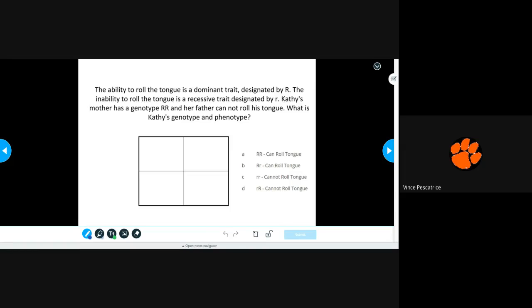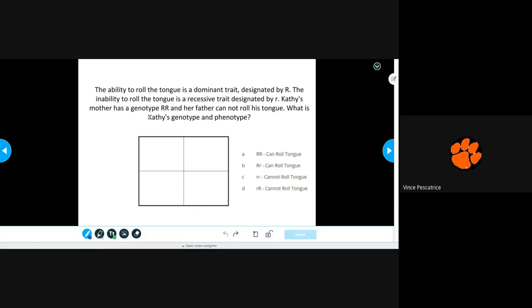So Kathy's mother has the genotype RR, and her father cannot roll his tongue. So what is Kathy's genotype and phenotype? So it's saying what is the order of the letters in her genotype, and is she able to roll her tongue or not?